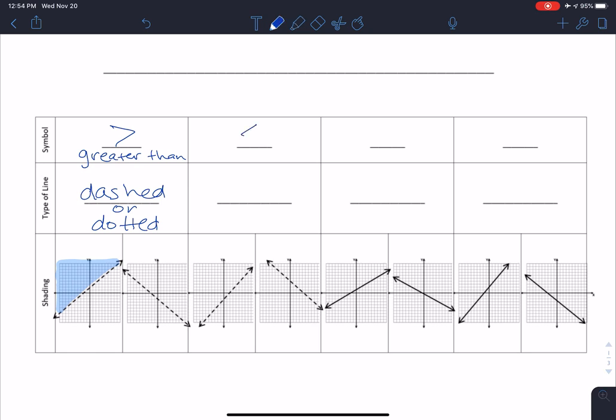Now if I have the symbol for less than, which looks like this, my line is still dashed or dotted because there's not an equal to under the inequality symbol. But the only difference now is that instead of having the solutions above the line, they're going to be under the line because they're less than. So now my solutions are going to be right here.